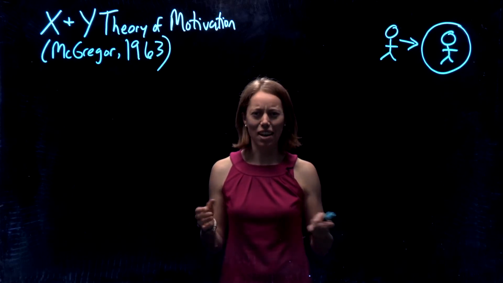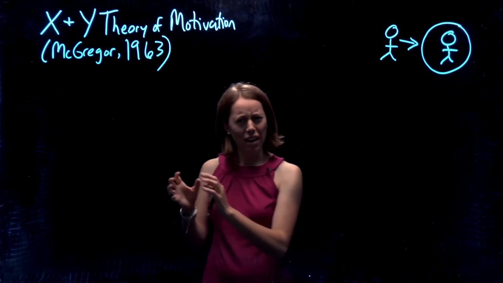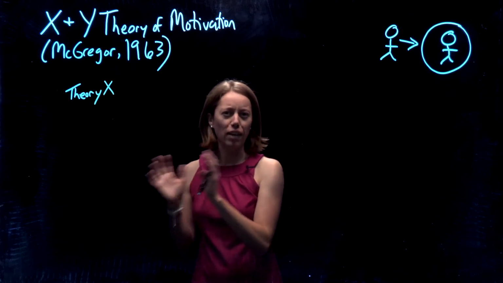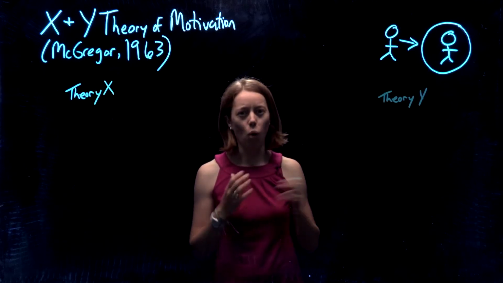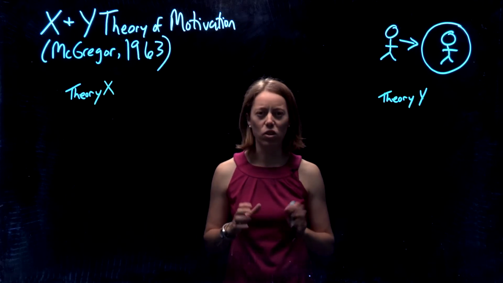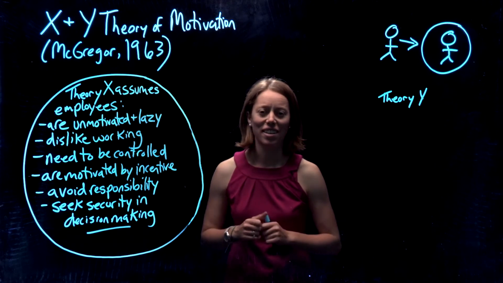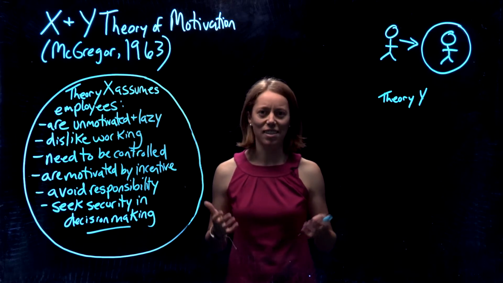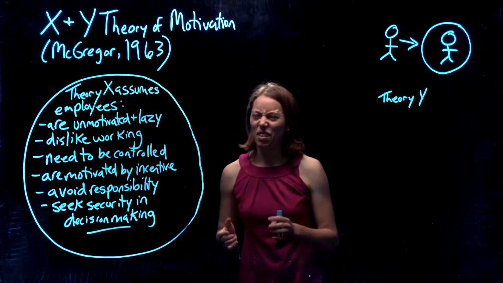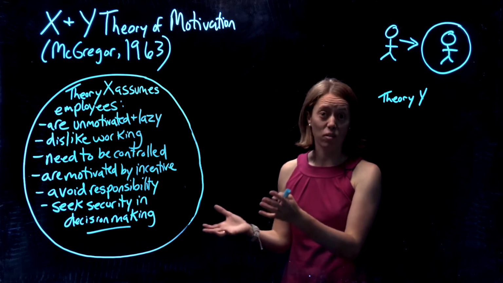Essentially, this theory looks at individuals who behave with either X characteristics or Y characteristics. So let's first consider the X theory. McGregor's X theory paints a negative picture of an individual.